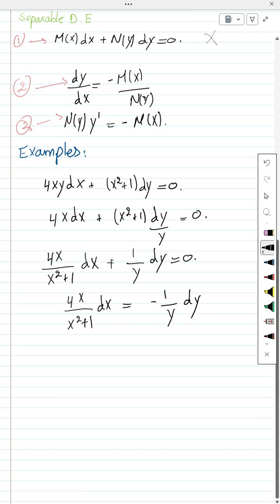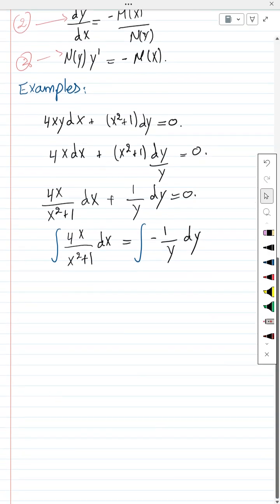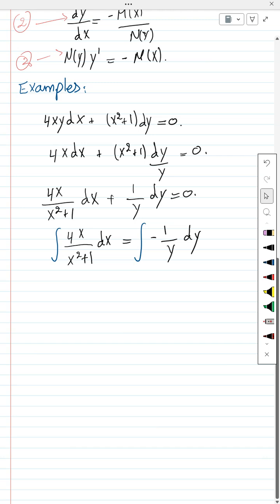So this is all about x's and this is all about y's. What should we do right here? We should just integrate both sides to get our answer, since one side is a function of x and the other side is a function of y.